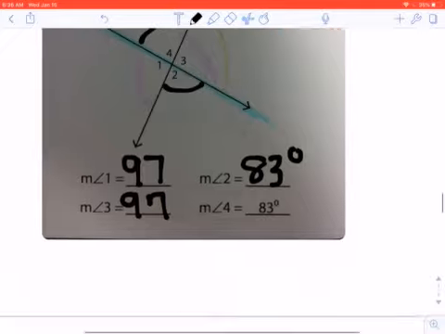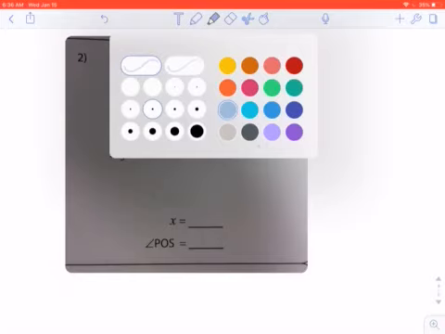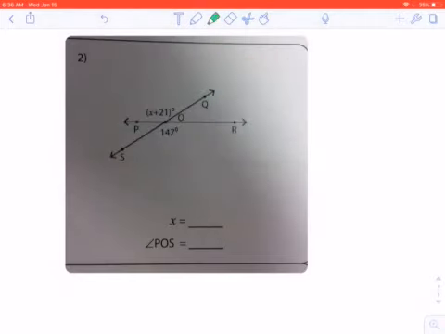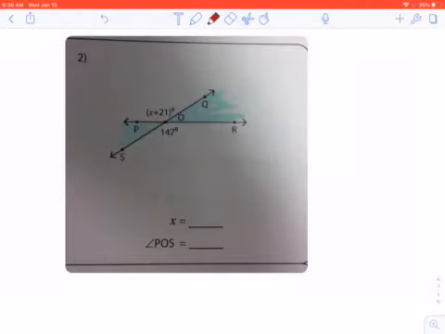All right, let's apply that now. Here we have a set of angles, and I'm going to mark the ones that are going to be vertical first. Okay? So this angle here is a vertical angle with this angle, which means they're equal. Okay? Which then means the other two that are left, this one and this one, are vertical.